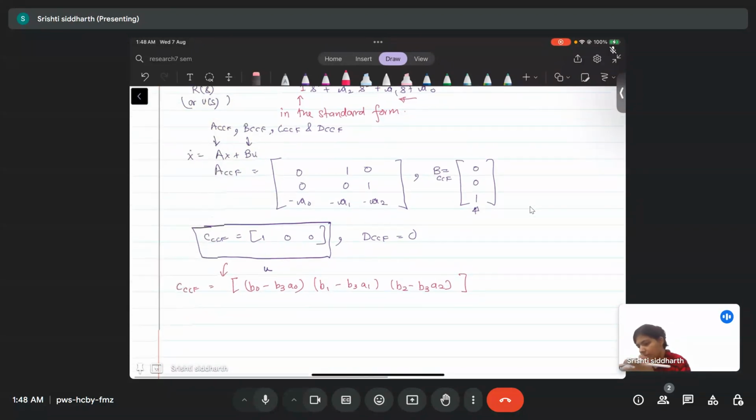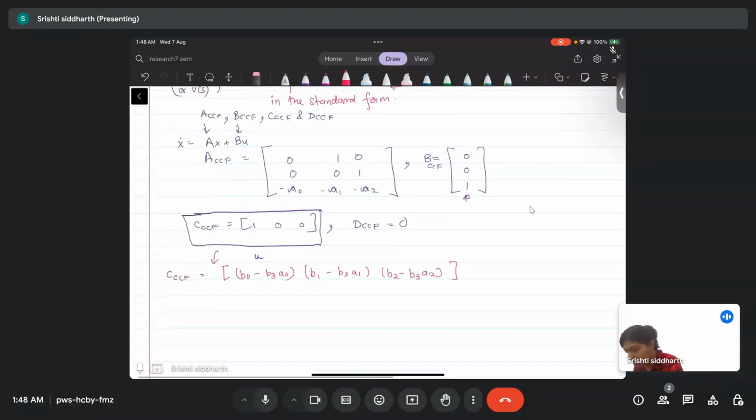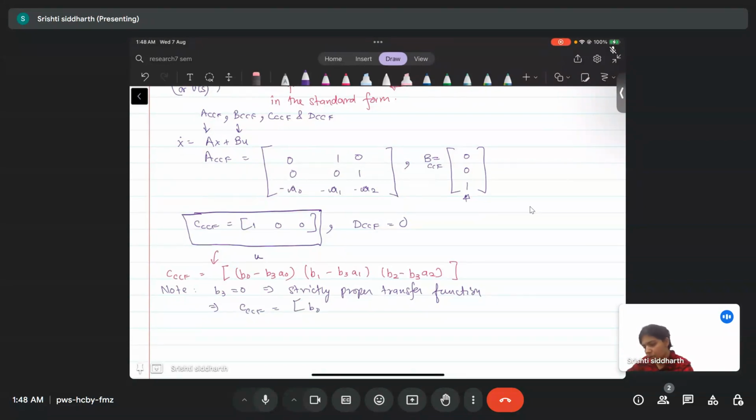If b3 is 0, this implies it's a strictly proper transfer function, and therefore we have a simplified version of CCF where it's just the coefficients starting from the right of the numerator of the transfer function: b0, b1 and b2.